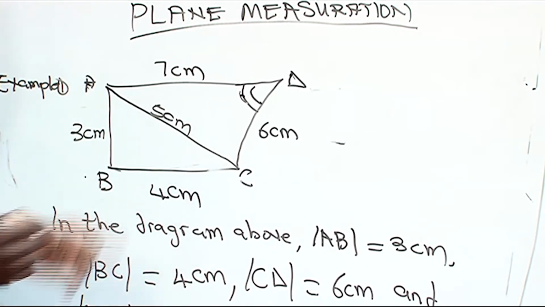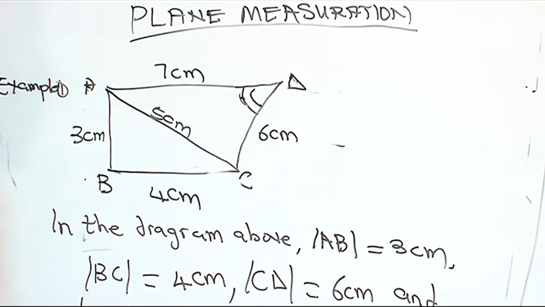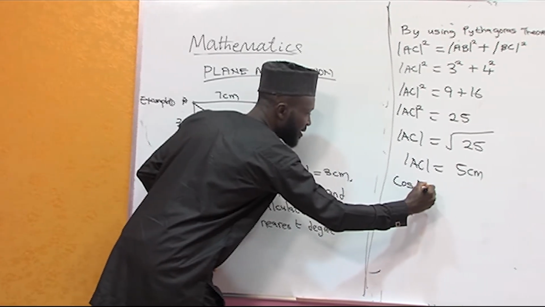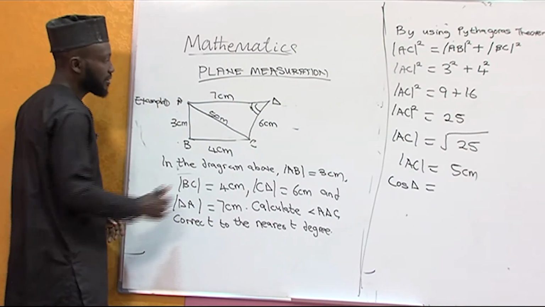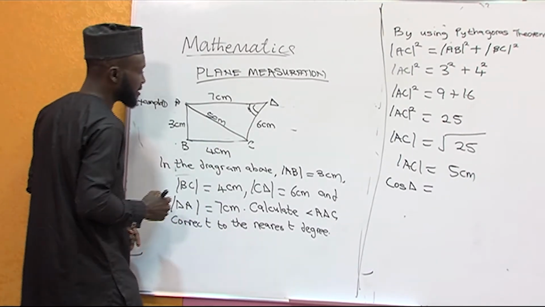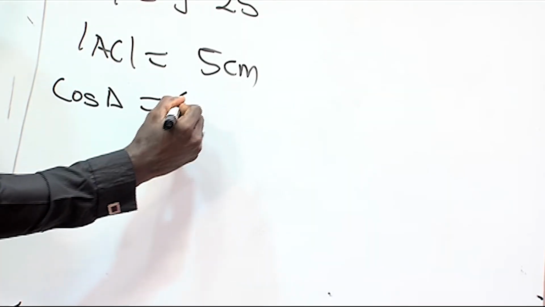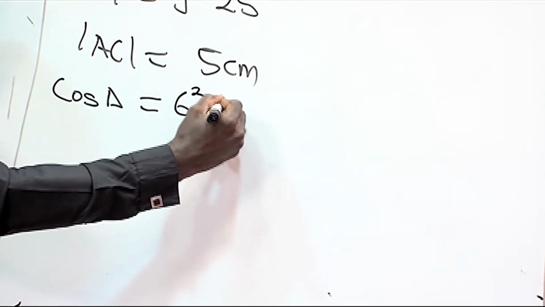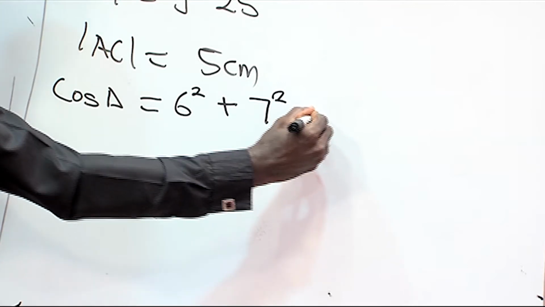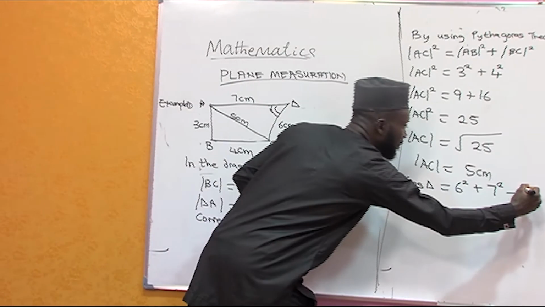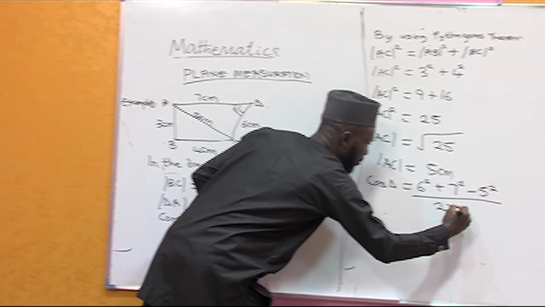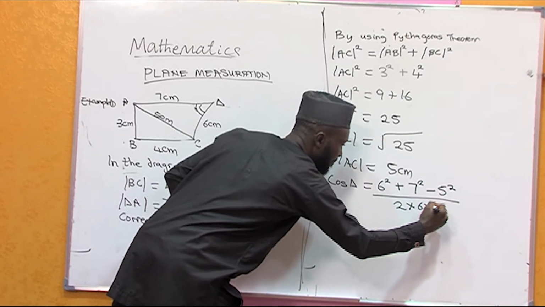Which means I can name this, if this one is my D, then using cosine rule, cos D is equals to 6 square plus 7 square minus 5 square over 2 multiplied by 6 multiplied by 7.